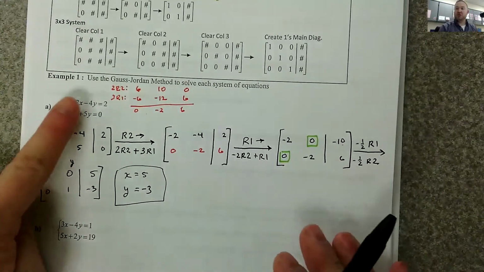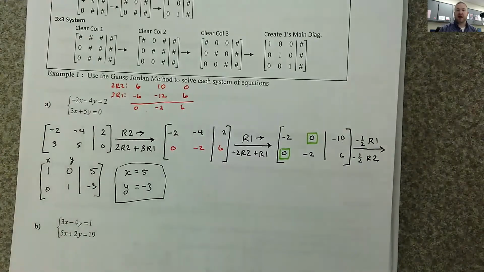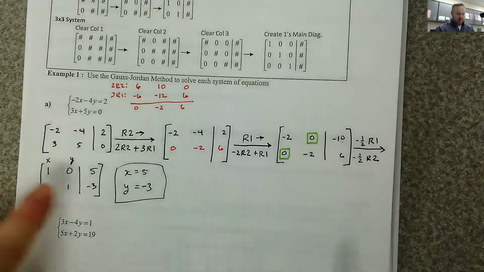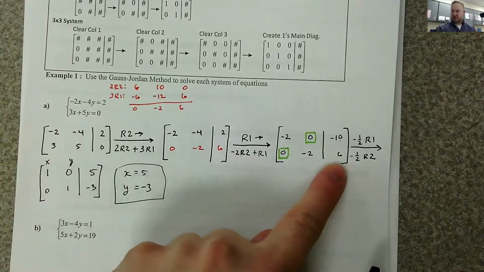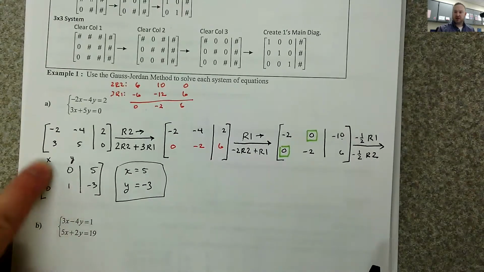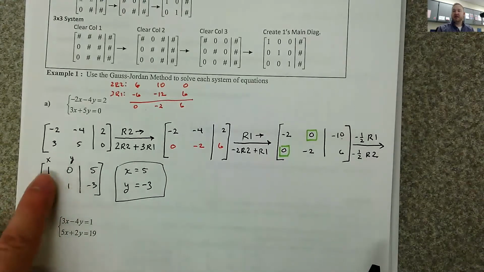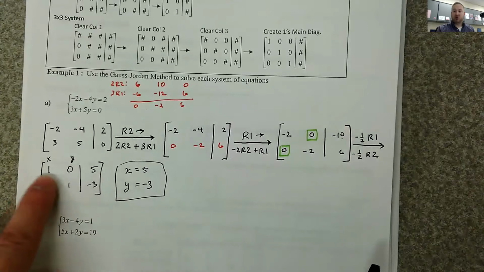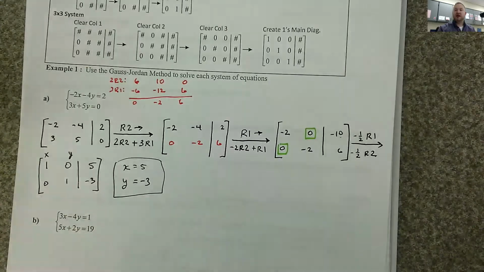We took a system of two equations and two variables, that's what I call a 2x2 system, and solved it by writing it as an augmented matrix and using row operations to reach a matrix with ones down the main diagonal and zeros in the other places. Then we could read the first row as x equals 5, and the second row as y equals -3, and that's our solution.